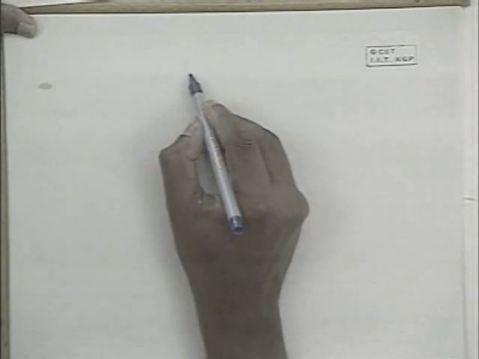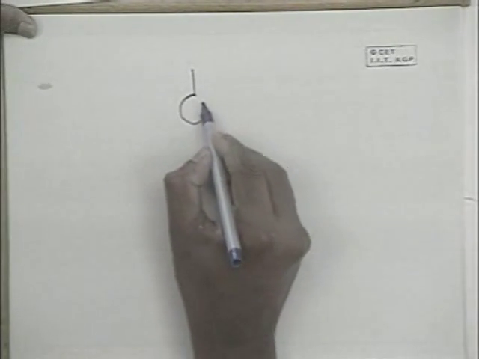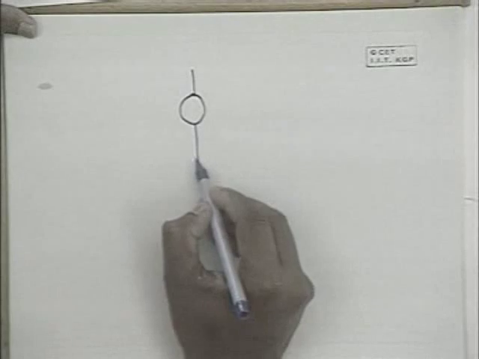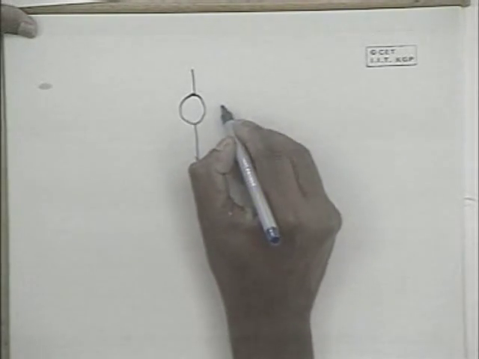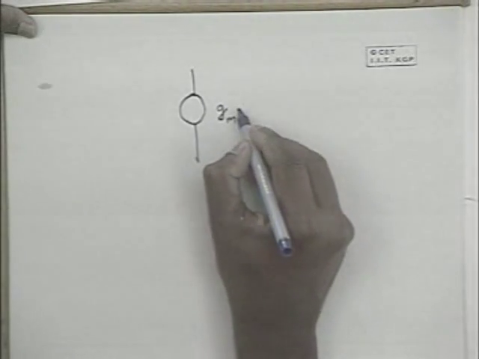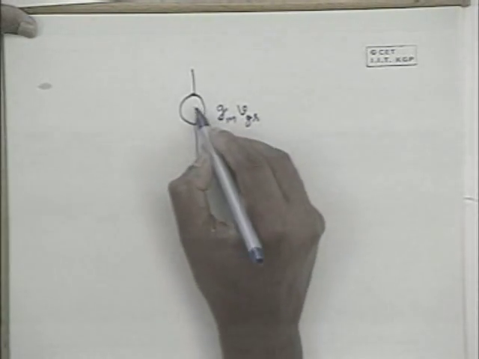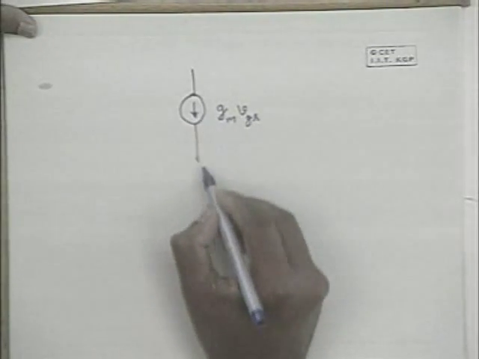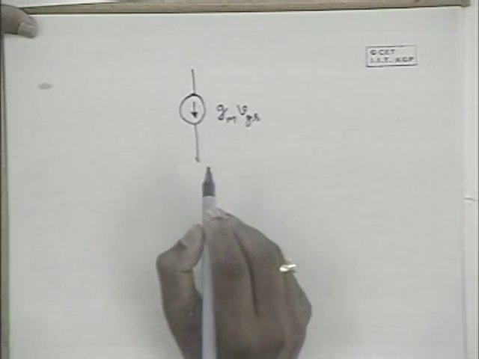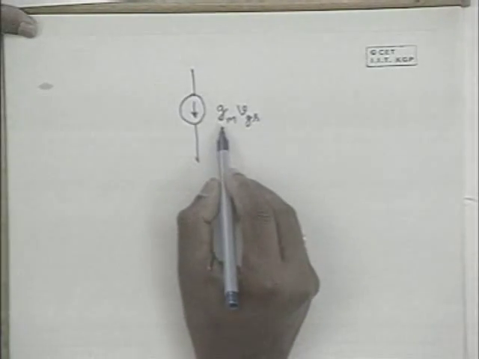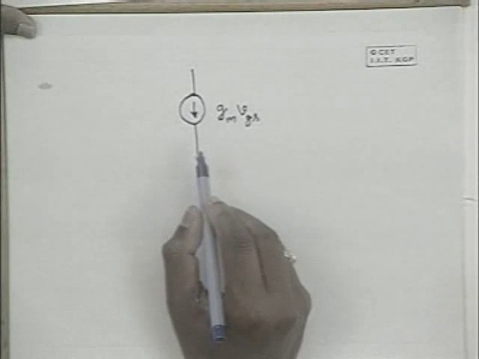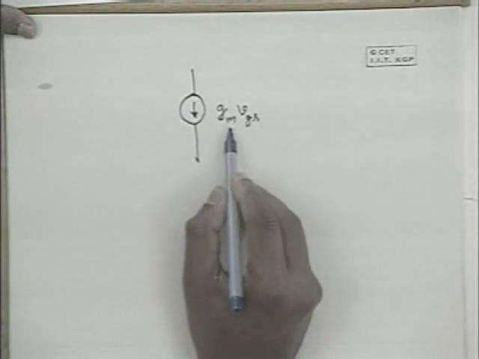Hence, we have here on the output side a current source whose value is proportional to VGS, and the proportionality constant has units of conductivity.